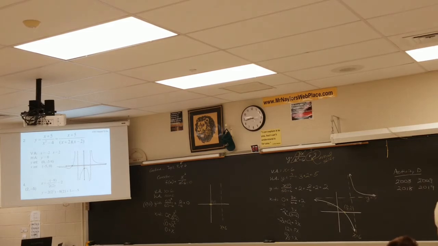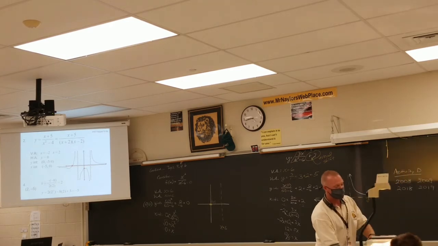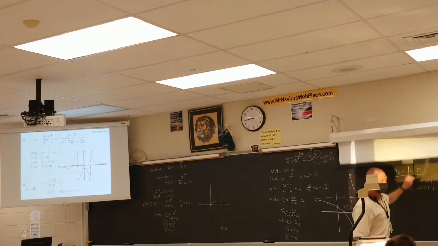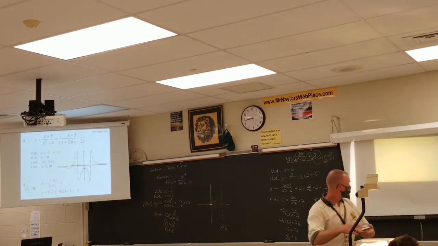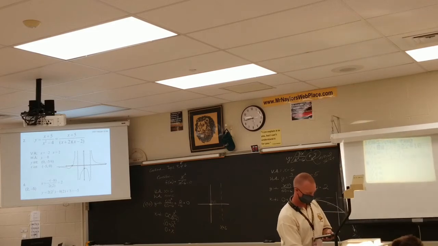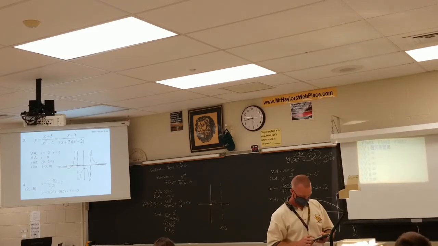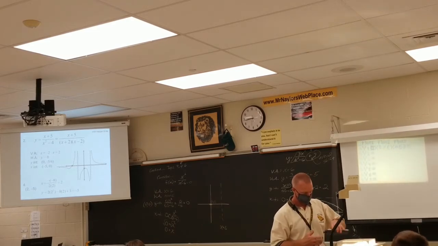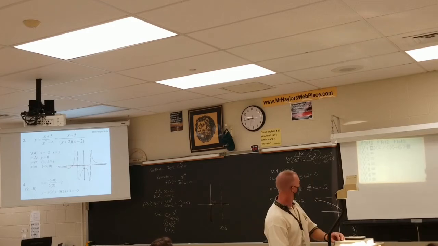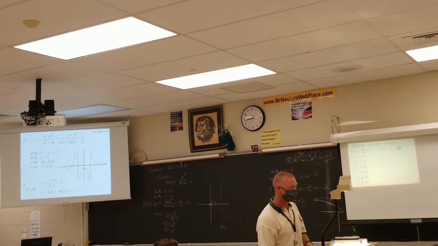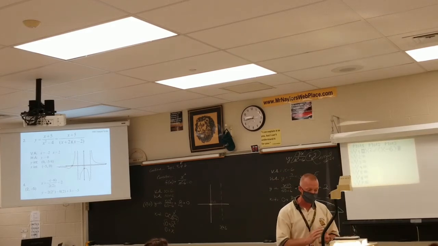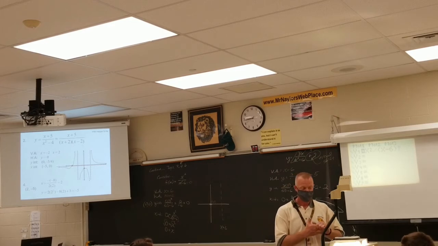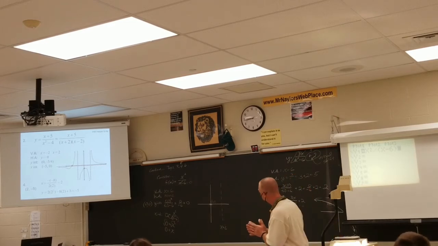I actually hope that you do. I'm going to graph this one on the graphing calculator. The graphing calculator is very similar to Desmos. You still have to use parentheses when you're thinking about the numerator and denominator.